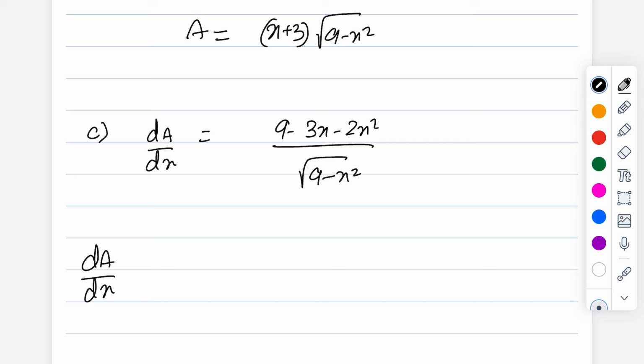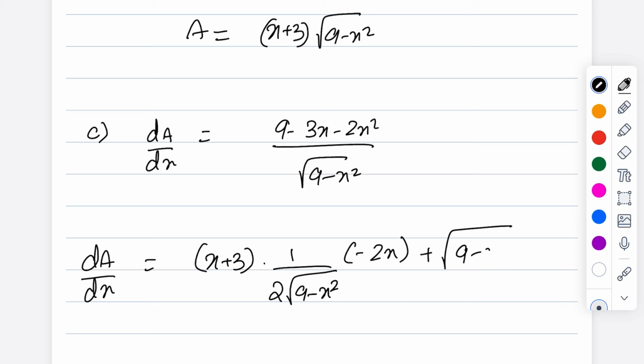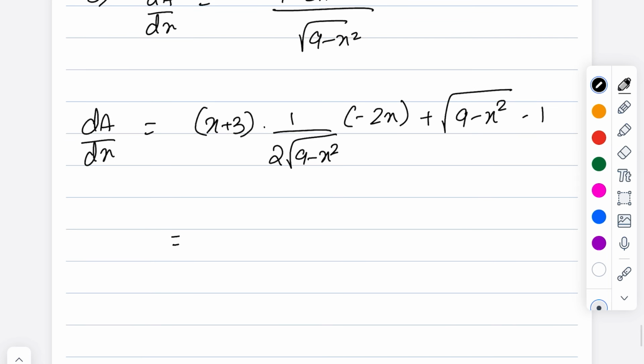dA by dx equals x plus 3 as it is, times the derivative of the square root, which will always be 1 upon 2 square root of 9 minus x square, times the derivative of 9 minus x square, which is minus 2x. Plus the next term, 9 minus x square as it is, times the derivative of x plus 3, which is 1.